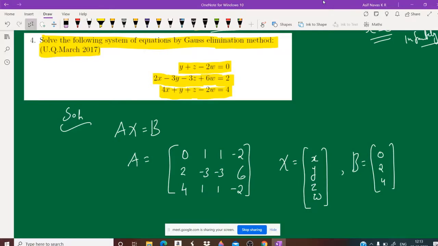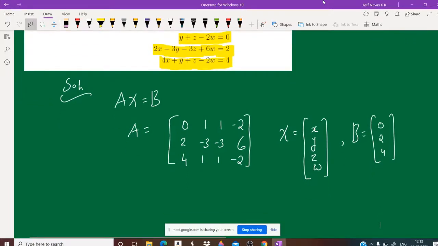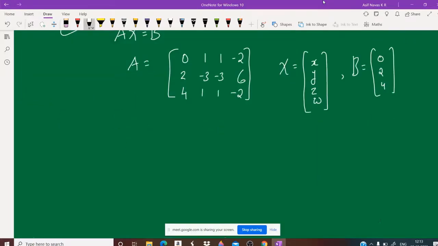Now, after that, we will write the augmented matrix AB. So what is the augmented matrix? 0, 1, 1, minus 2, and here it is 0, right?